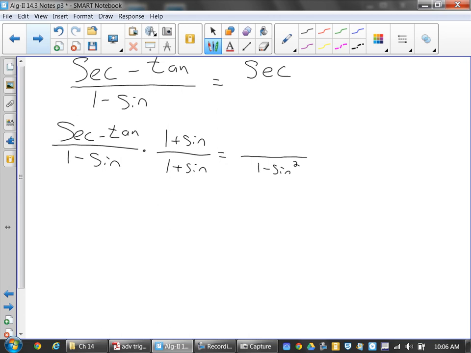We okay with that? The numerator is just going to look nasty for right now, so we'll say it's secant minus tangent times 1 plus sine. Okay, I'm just leaving it like that for right now. We're going to come back to it. What can I do to the denominator to make it just a little bit easier right off the bat? Make it cosine squared. So, is everybody okay with me doing this?